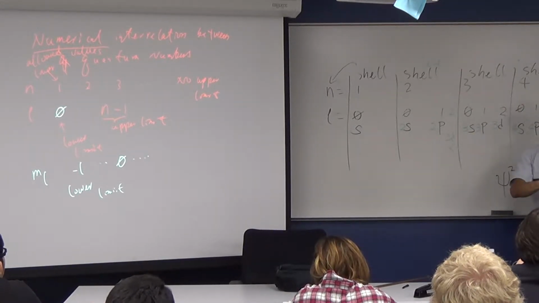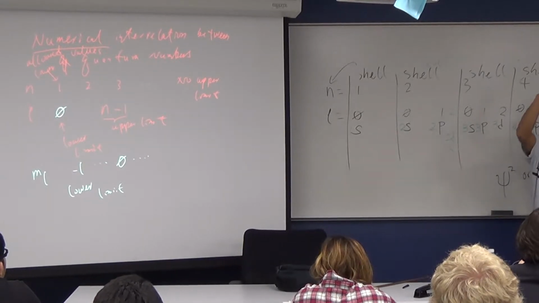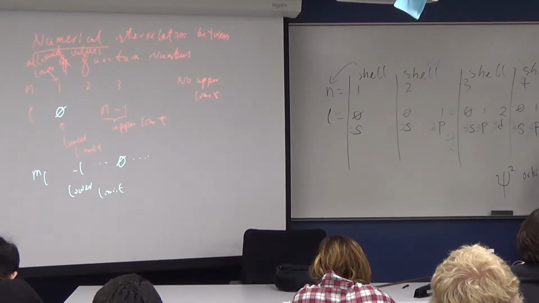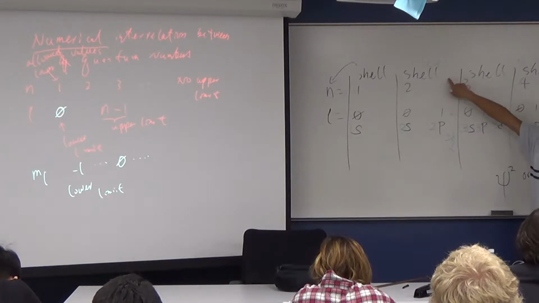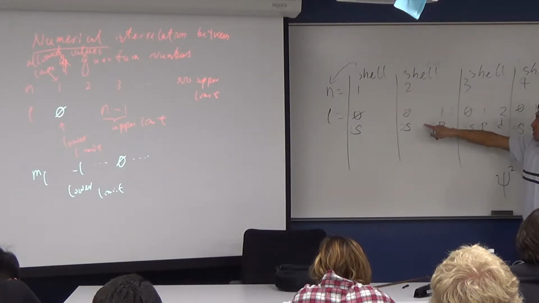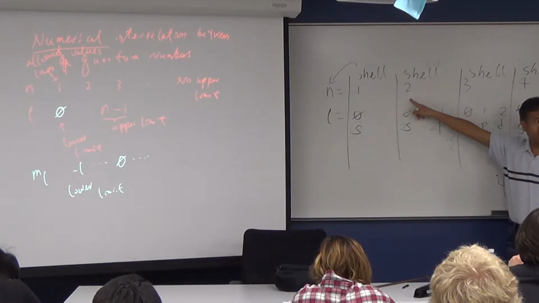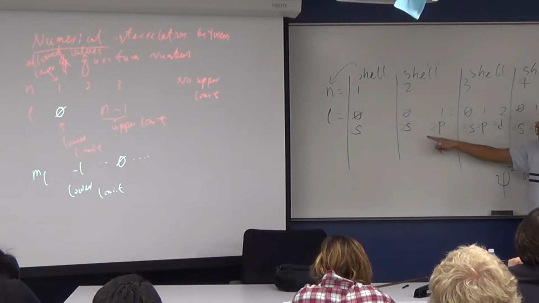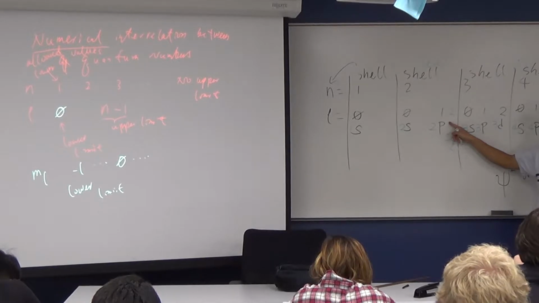I mean, you have the stair, one level. So the shell is also called level. For this level, because n is 2, right? N is 2, you cannot have L is 2. Why can you not have L is 2?